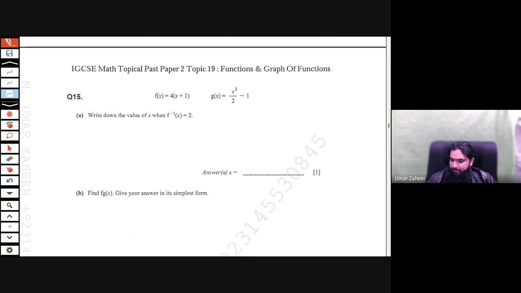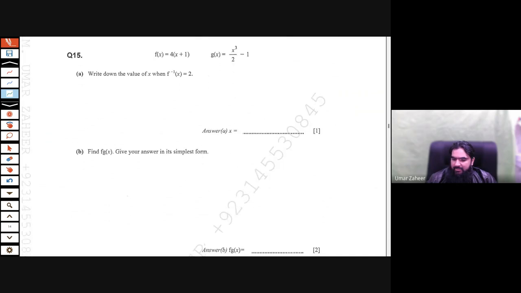Okay. In the next one, we have f of x is equal to 4 into (x + 1) and g of x is equal to x cubed divided by 2, minus 1. Write down the value of x where f inverse of x is equal to 2. But the problem is we don't have the value of f inverse of x.